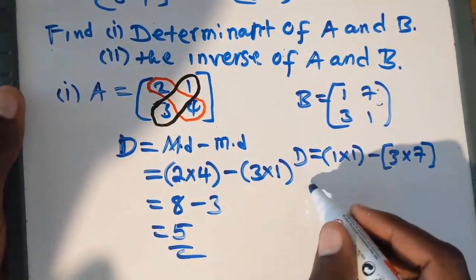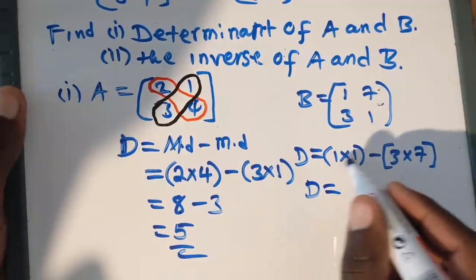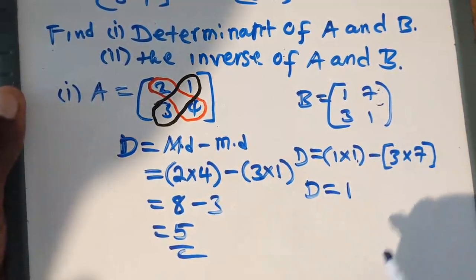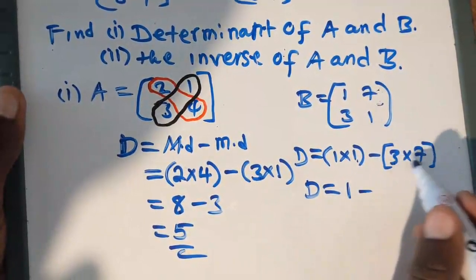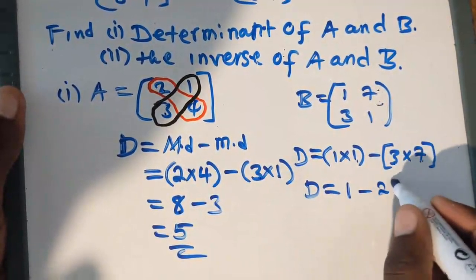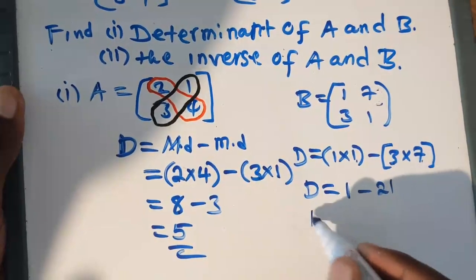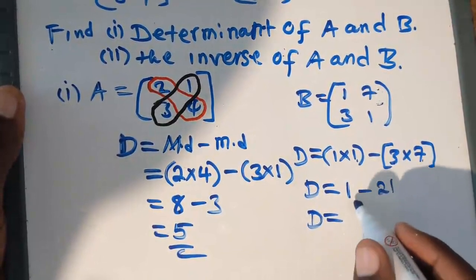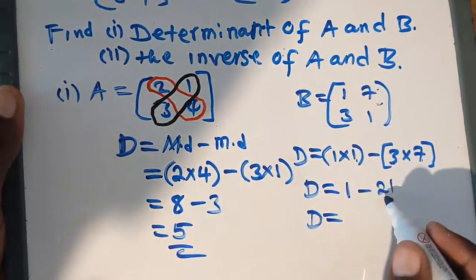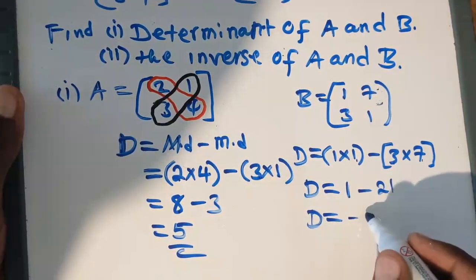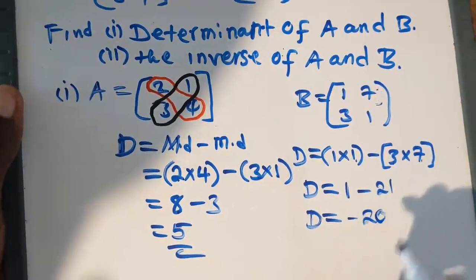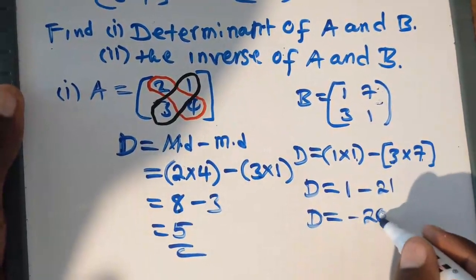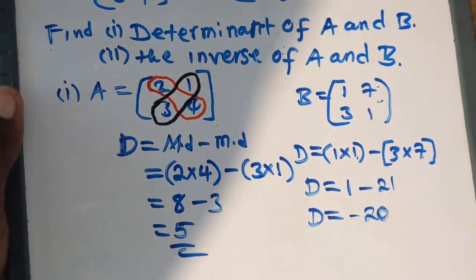So 1 times 1 is 1, then minus 3 times 7, that is 21. Then the determinant will be 1 minus 21, that is negative 20.